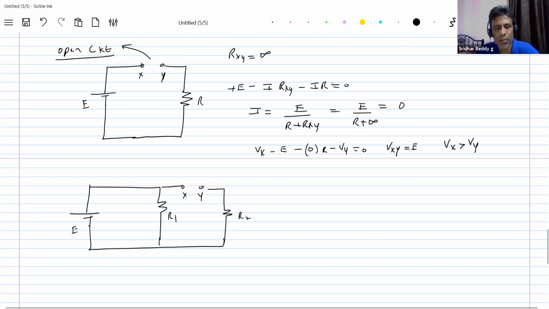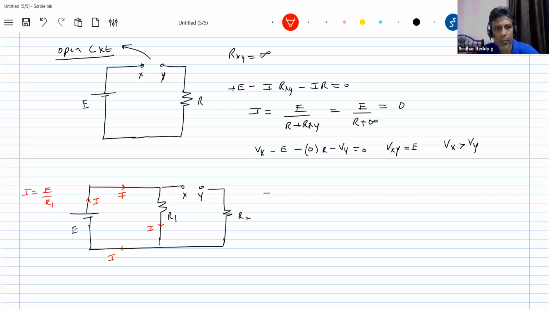If I draw it, the current will take a path like this. This is I, this is the path. Then what is I equal to? I is equal to E by R1. I want the potential drop. How to get the potential drop? Again, the same method.